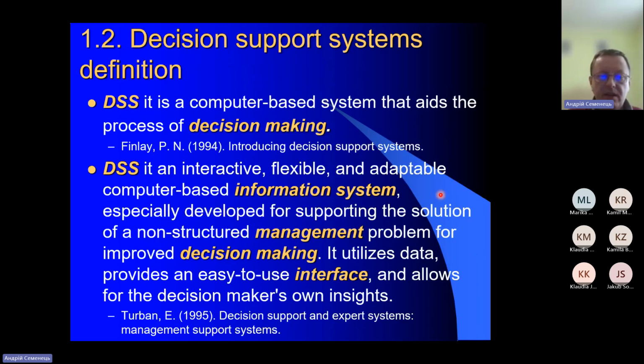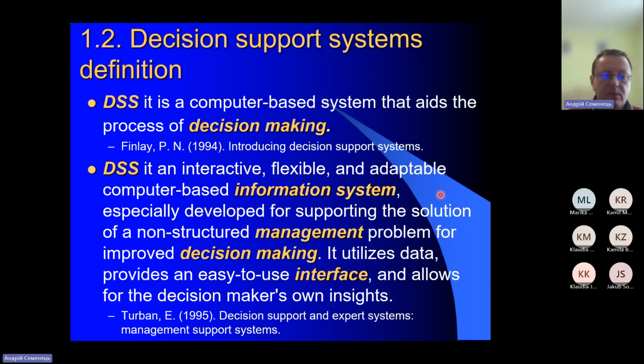At the end of the 20th century, we come to the first simplest and still actual definition of DSS: computer-based systems that aid the process of decision making. So starting from the 1990s, we have meanings which are close to modern.